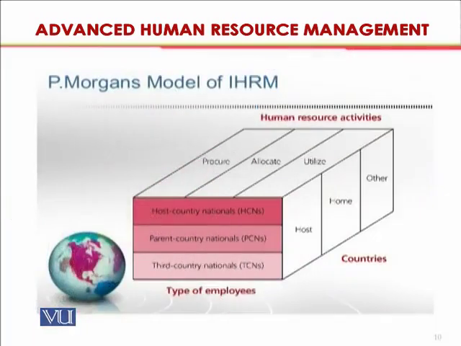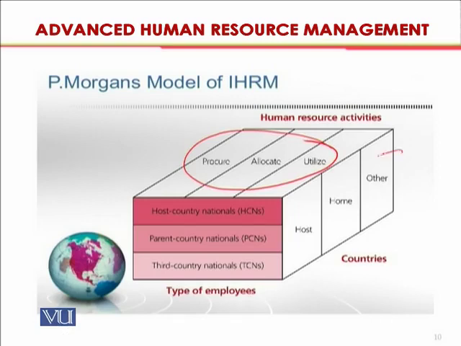So if you look at the model in a diagram form, you can see that this is a model which is 3-dimensional, in which you can see that the first dimension is the dimension of human resource activities: procure, allocate, and utilize.